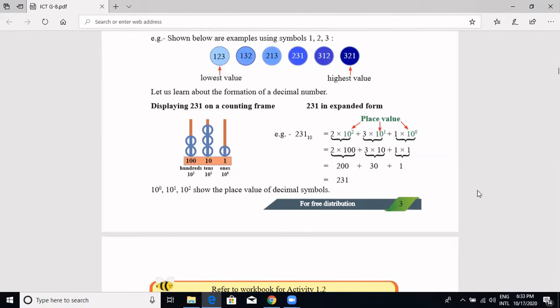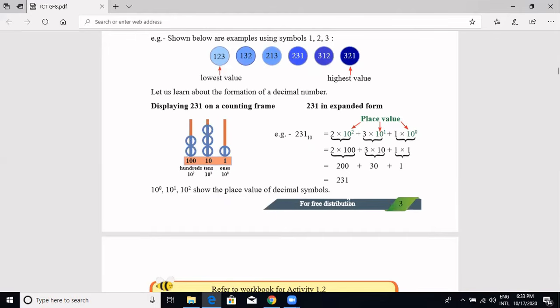Can you see on the right hand side that 1 is there? And in the tens column, there are three circles. So that is 3 into 10, not 3 into 1. That's how 30 has come. And in the hundreds column, you have two circles, representing 2 into 100. That is how 231 comes.